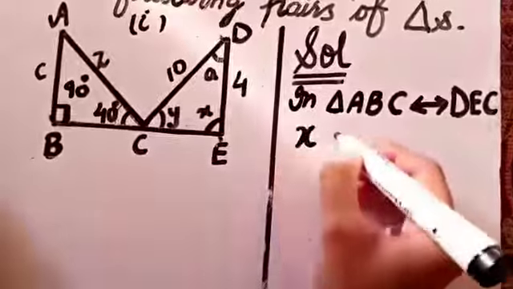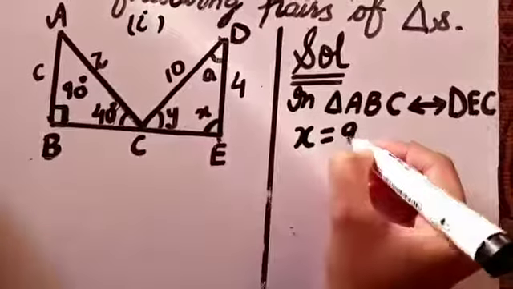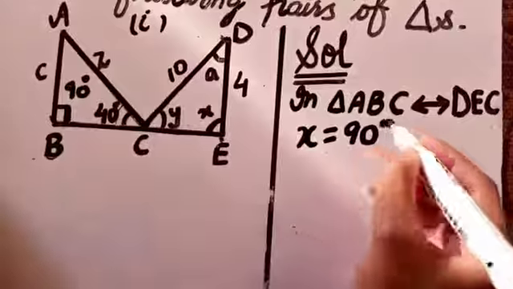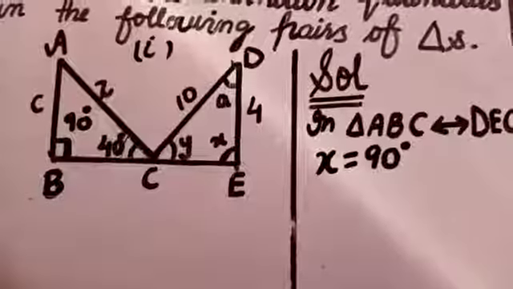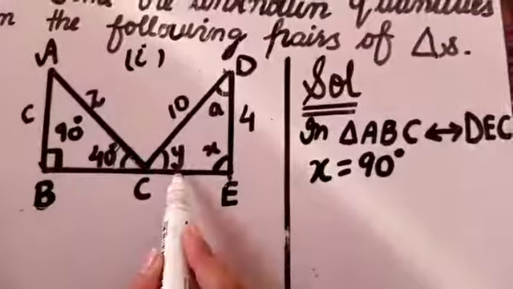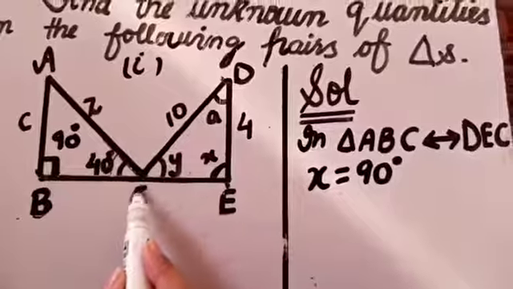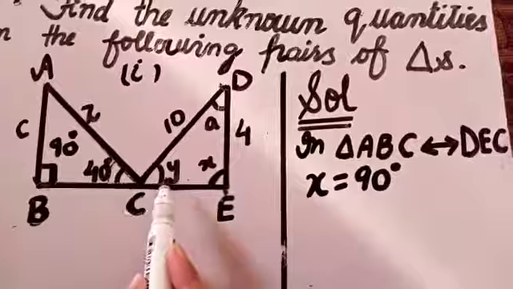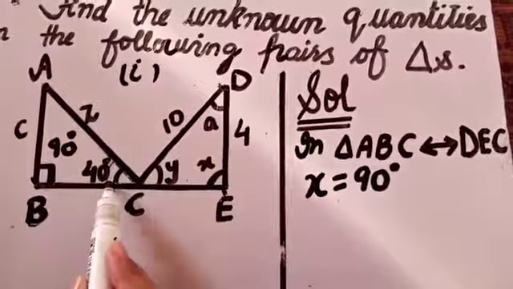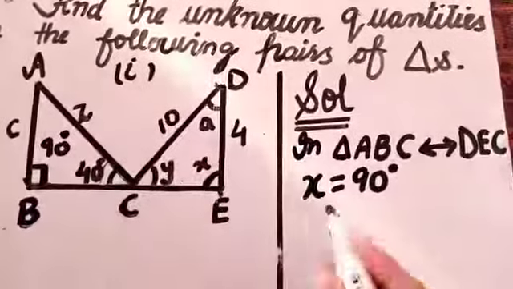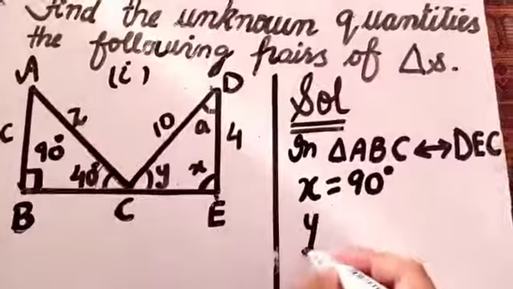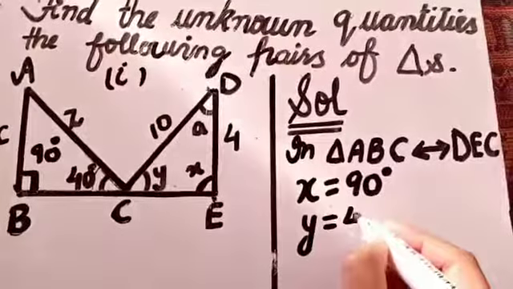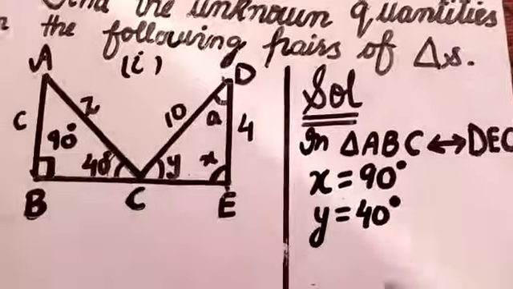So the first unknown variable, that is x, is equal to 90 degree. Okay class, now comes the second variable, that is y. As C is common in both triangles, this y is a corresponding angle of 40 degree. So y will be equal to 40 degree. So I can write y is equal to 40 degree.